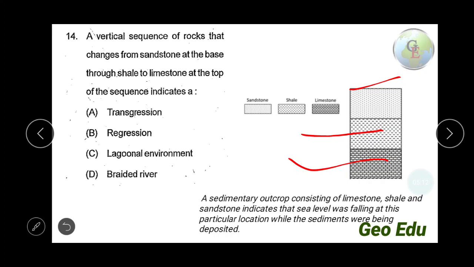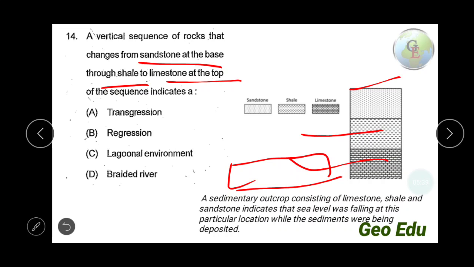And what happens in a transgressive environment? It is just the opposite, as given in the question, that is sandstone at the base, shale in the middle and limestone at the top. Why does this happen? When the sea transgresses, meaning sea level rises, the beach sands accumulate and give rise to sandstones.